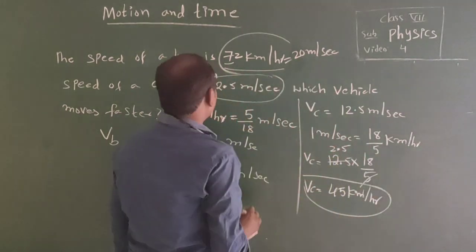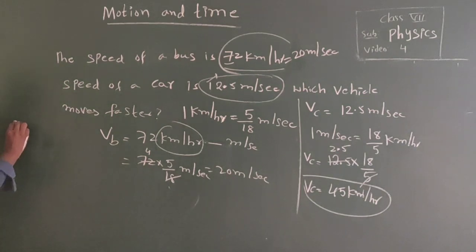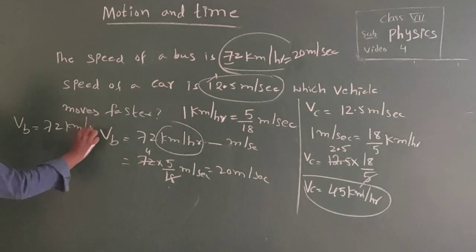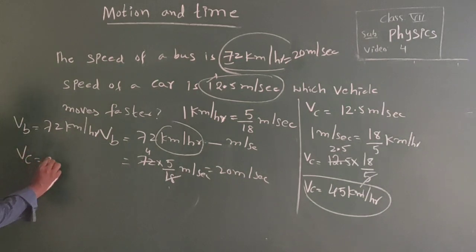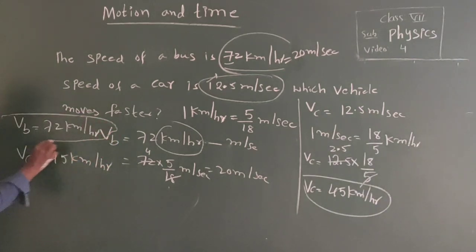So speed of the car equals how much? VB equals 72 kilometer per hour, meaning the speed of the bus equals 72 kilometer per hour, and the speed of the car is 45 kilometer per hour. Okay, compare these two. The speed of the bus is more compared to the speed of the car, so that's why the bus moves faster than the car.